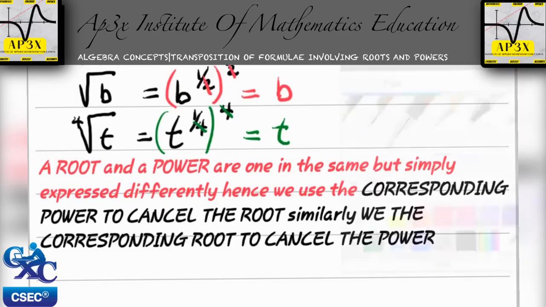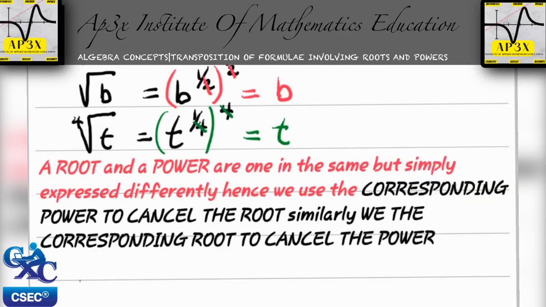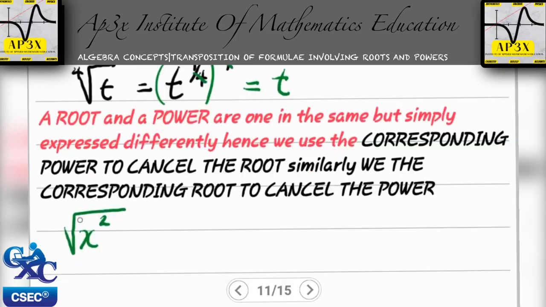Just to wrap this segment of the video, what we are saying is that if we have a quantity attached to that square here, and we need to isolate the x, then to remove the power we use the corresponding root, so that the root cancels the power, and we're left with x.